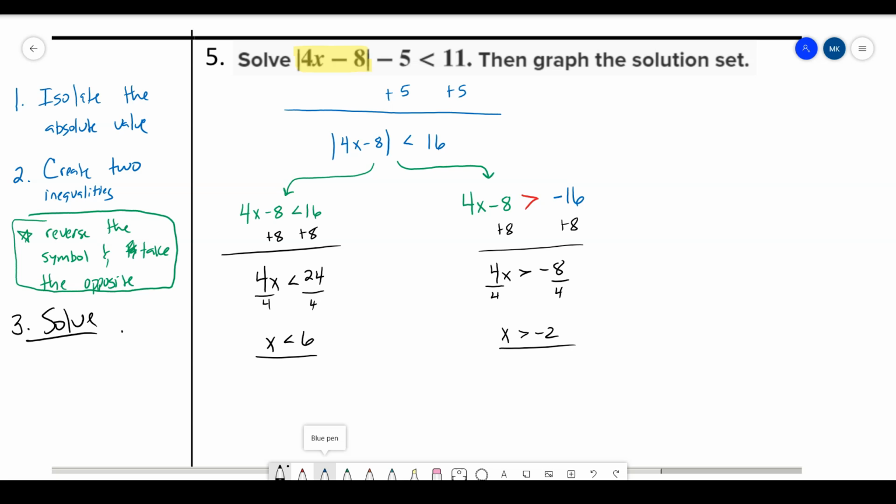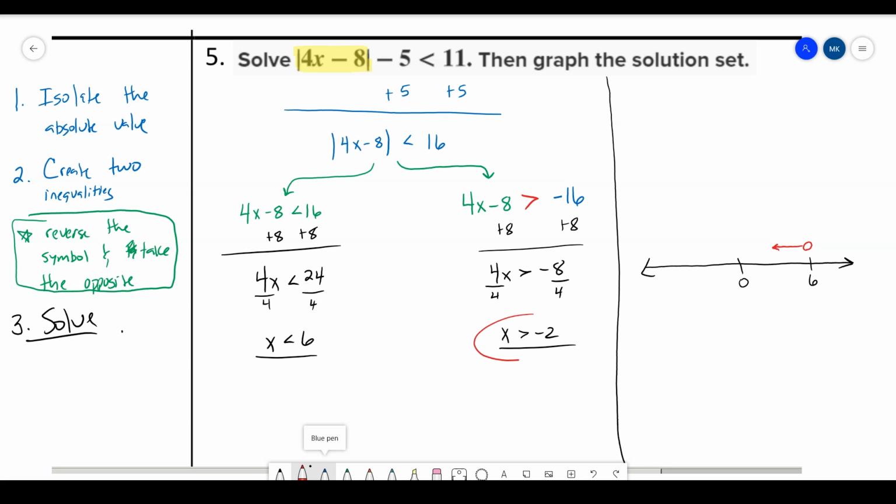So if you look at these two statements, let's graph this out. We have our first statement, which says x is less than 6. So let's say we have 0 in the middle, and then we go 1, 2, 3, 4, 5, 6. Let's say 6 is over here. We're saying x is less than 6, and this would be an open circle at 6, going to the left, right?